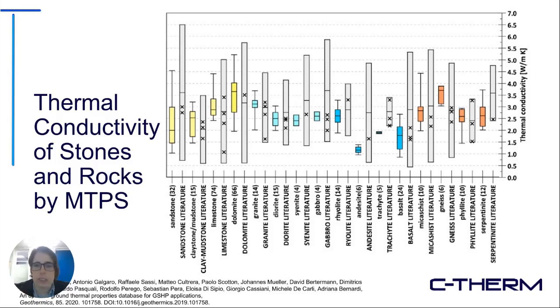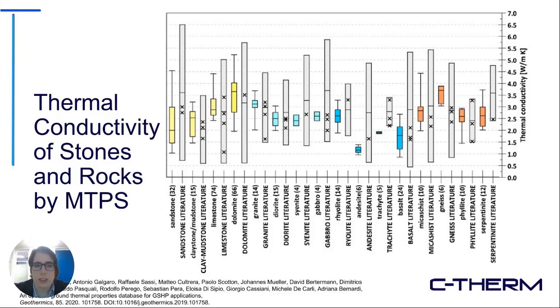This is the kind of test results that her group was able to publish in Geothermics in 2020, just a month or two ago, actually, when it was officially released. They completed the building of a geothermal database for geothermal potential evaluation.